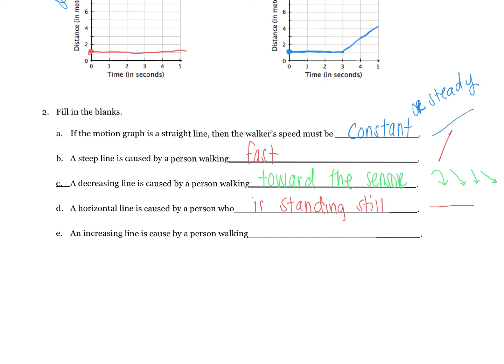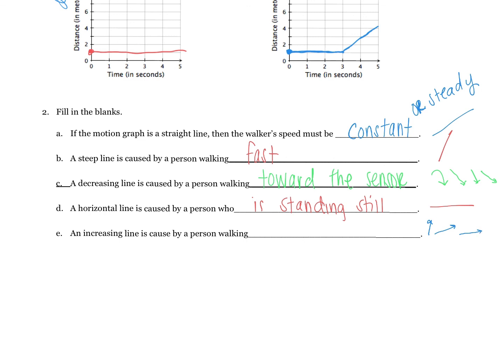Okay. Then we have E, which says an increasing line is caused by a person walking. So in this example, it may be a steep increasing line, or a steady increasing line, or a slow increasing line. Okay?